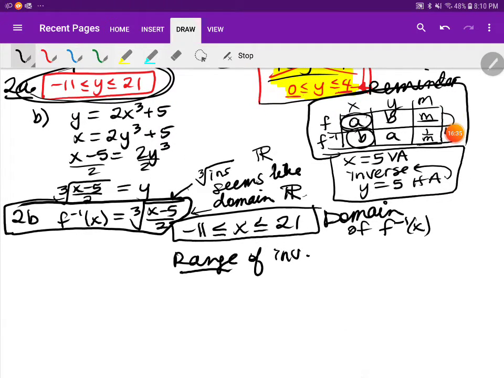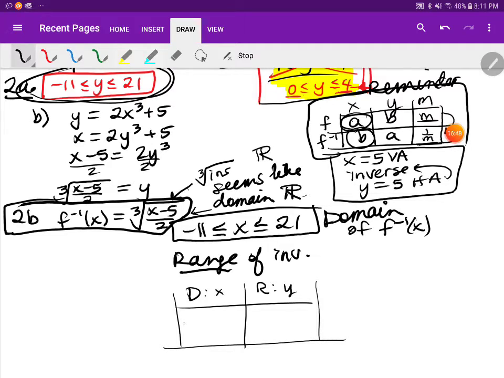Let's make just a little quick chart here. So I have domain, which is x's, and I have range, which is y's. So if I have my original f of x, and then I have my inverse, the domain for the original was between -2 and 2.